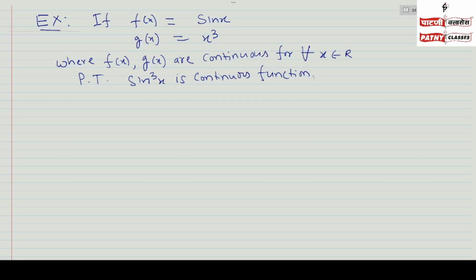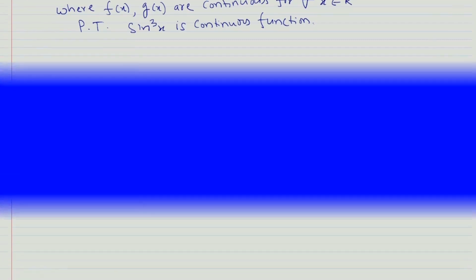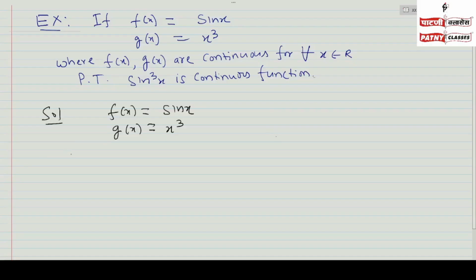If f of x equals sin x and g of x equals x cube, where f of x and g of x are continuous for all x belonging to R, then prove that sin cube x is a continuous function. Solution. Here we shall be finding the composite function of g and f, that is g of f of x equals g of sin x.